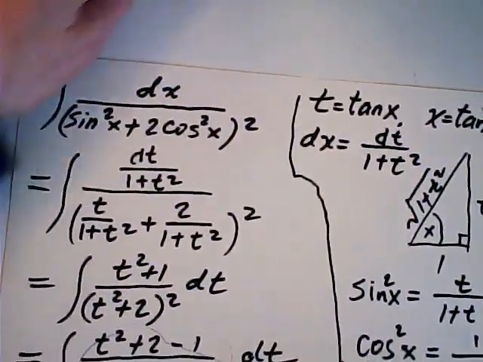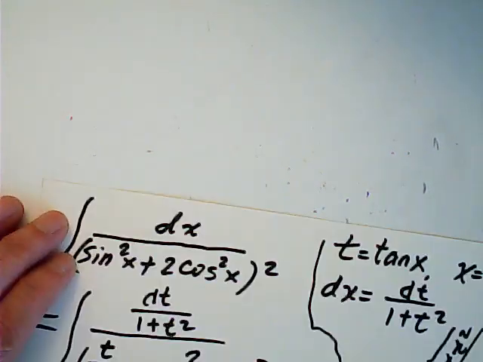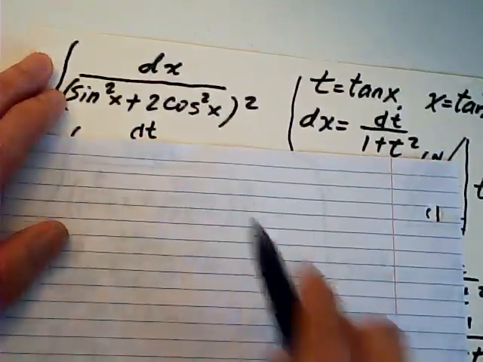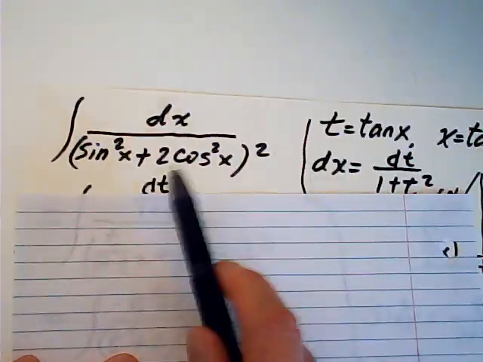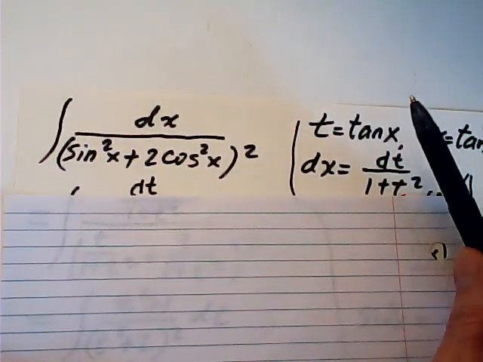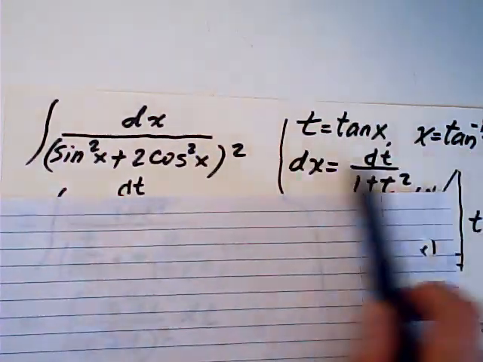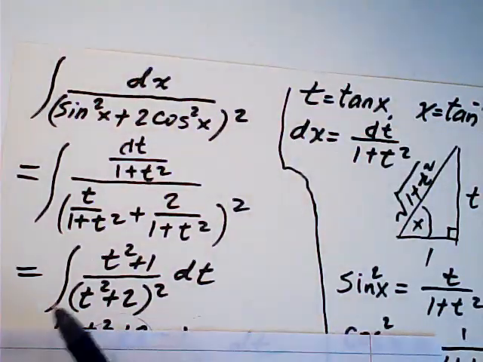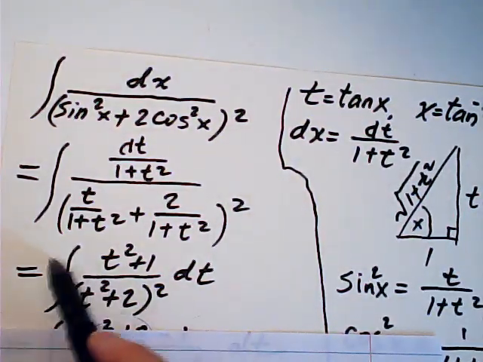Method 2. We use method 1's beginning. We use this assumption, until we reach this.